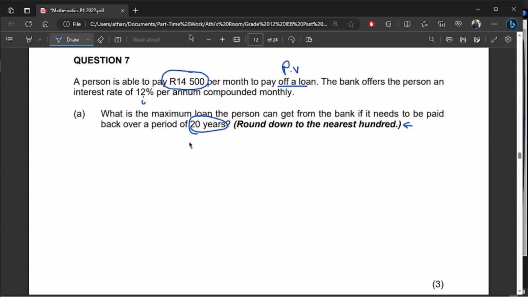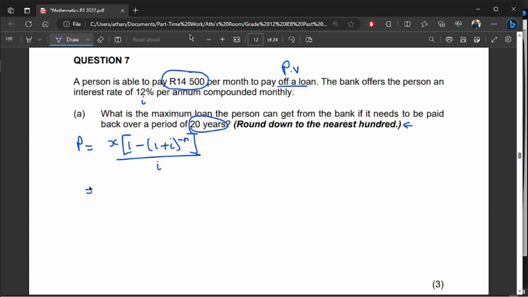Now the present value formula will be P is equal to x [1 - (1 + i)^-n] all divided by i. Okay, I hope you guys know the difference between a present value and future value.